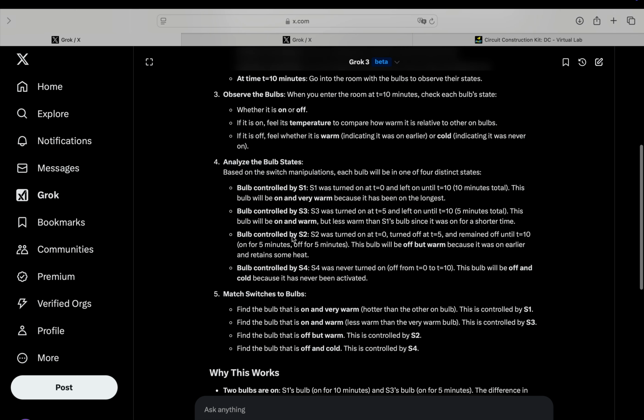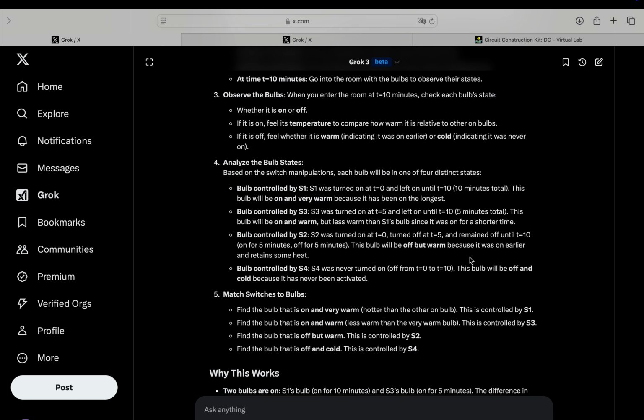Okay, the bulb controlled by S2 was turned on at time 0 and turned off at 5 minutes and remained off until 10 minutes. On for 5 minutes and then off, so when we enter the room, it should be off. So it's off and warm.